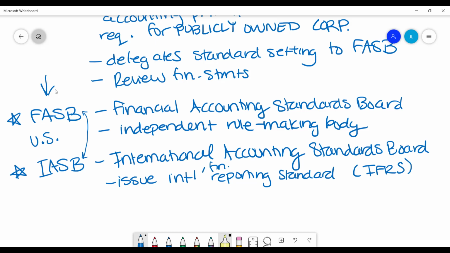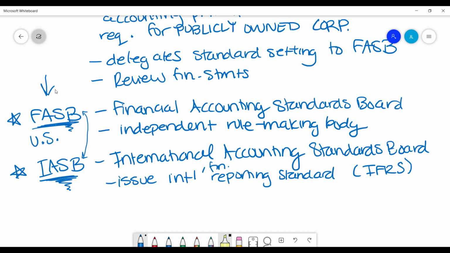There's a lot that's the same with the rules for both FASB and IASB, but there's also a lot that is different. There's over 100 countries, including the European Union, that require companies to use IASB, right? But if you're in the US, you have to follow what FASB puts forth, right? So that kind of makes it a little bit difficult.